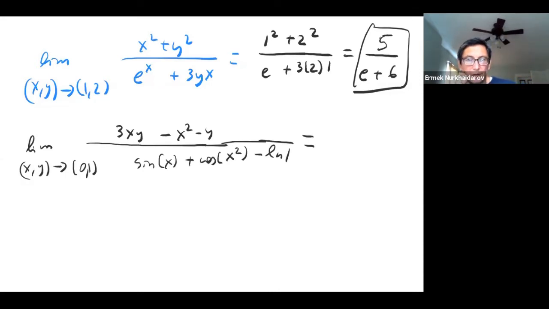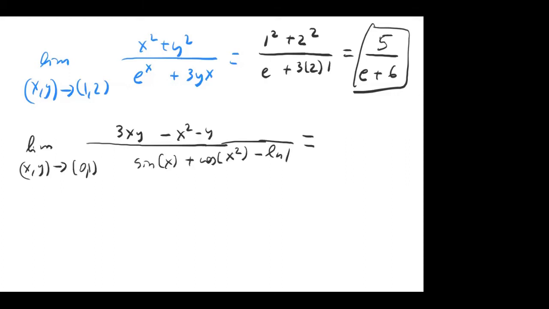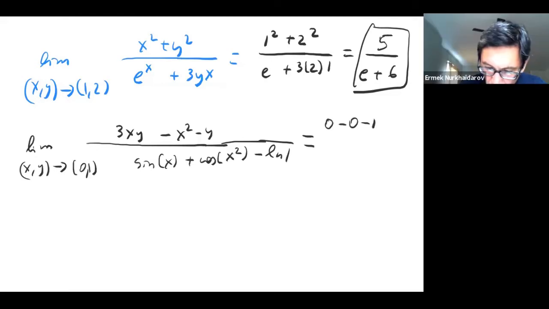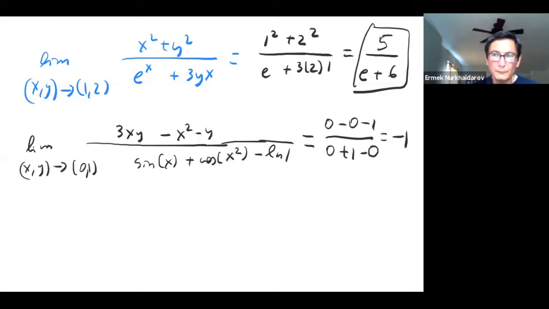That's going to be equal to, so go ahead, finish up the calculations. Okay. So 0 minus 0 minus 1 over 0 plus 1 minus 0, so final answer. Right. That's what we do if we can get the limit immediately without any difficulties.